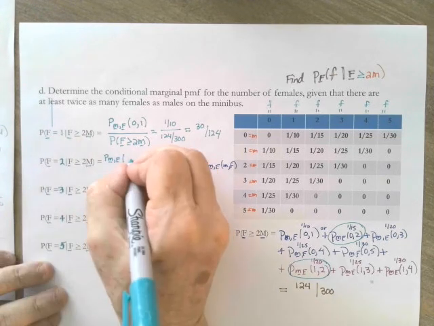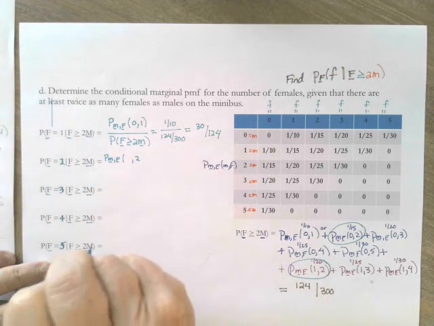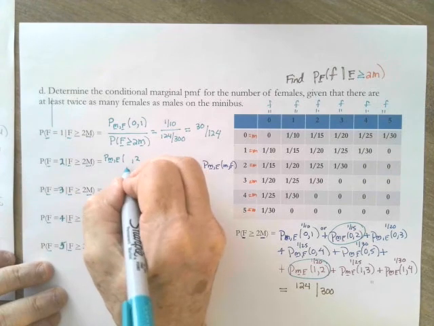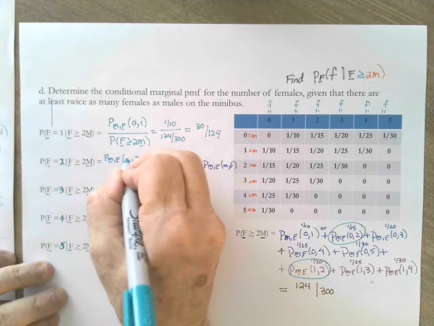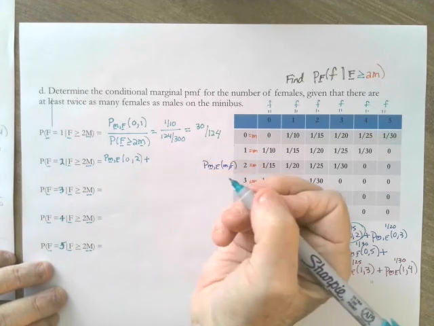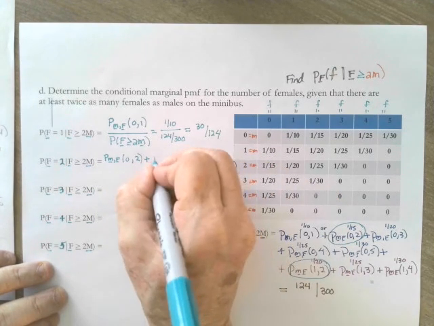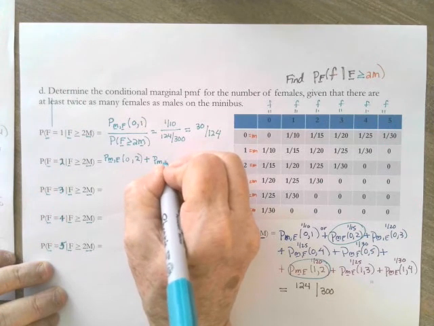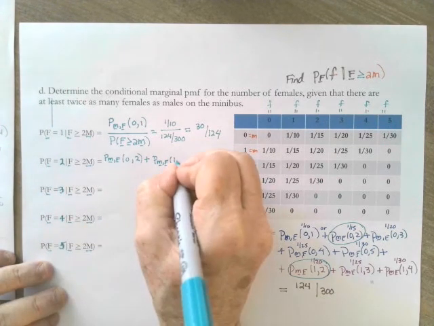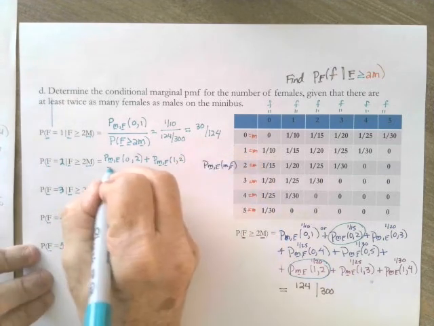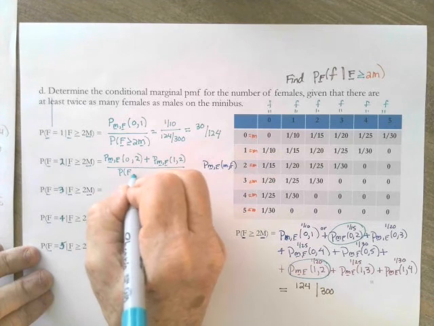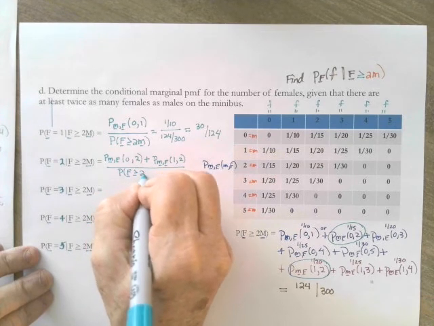F is definitely 2, and we meet this condition when m is equal to 0 or when m is equal to 1. So we have to add one more term to our numerator. So we could have m is 1, f is 2, and then we divide again by the probability that f is bigger than or equal to 2 times m.